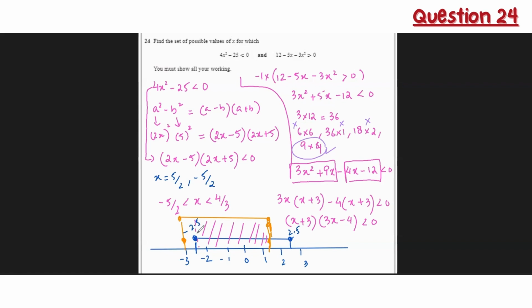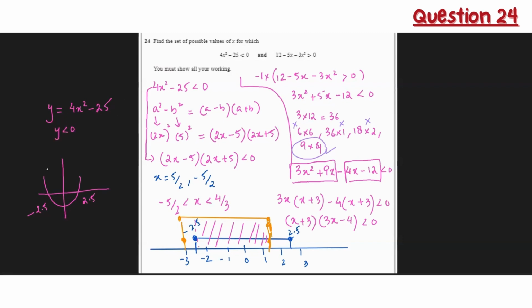The reason why we chose a converging range for -2.5 to +2.5 is because if we sketch the rough graph for this, this is -2.5 and this is +2.5. The inequality is less than 0. This quadratic expression basically represents the values of y. So if 4x squared minus 25 is less than 0, that means y is less than 0.